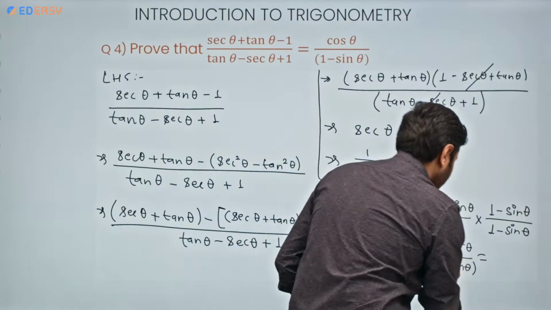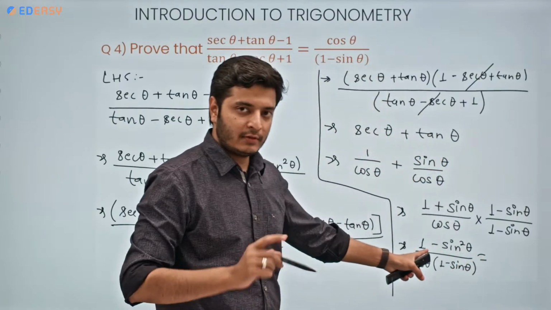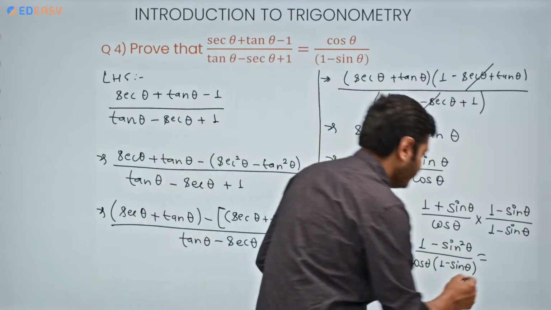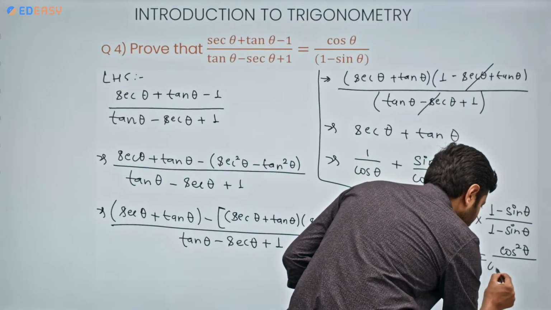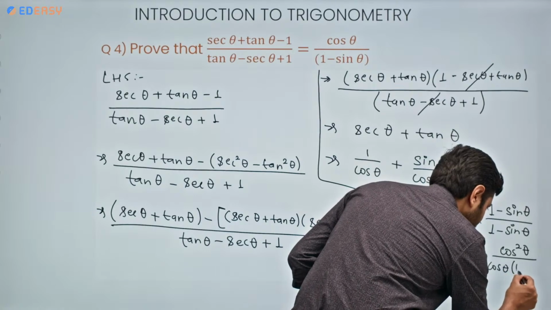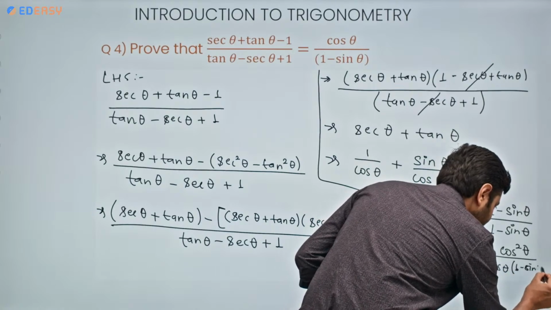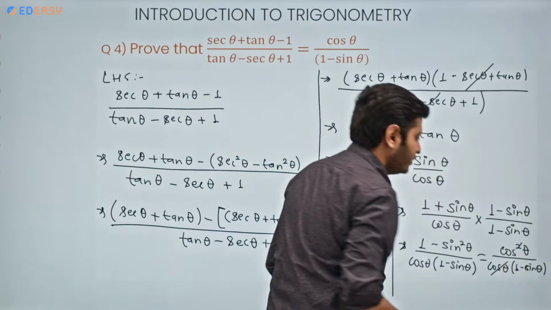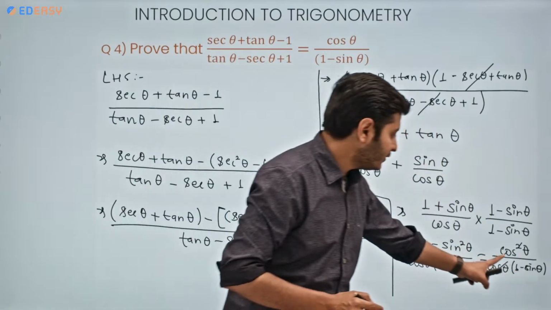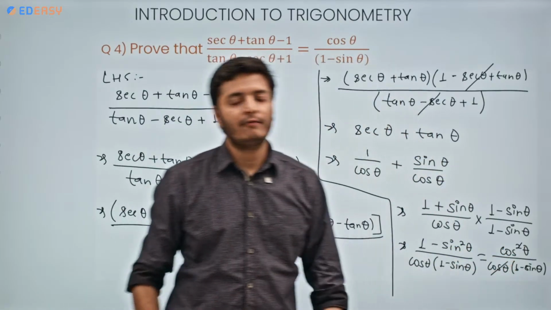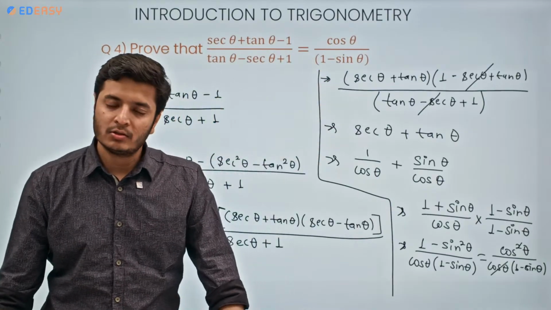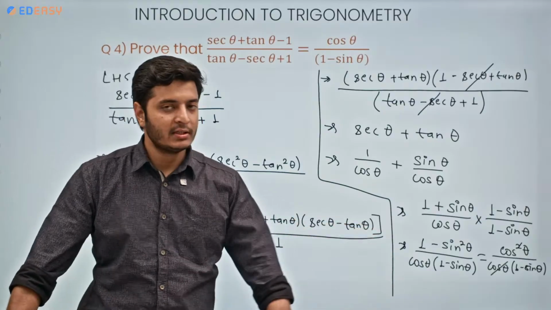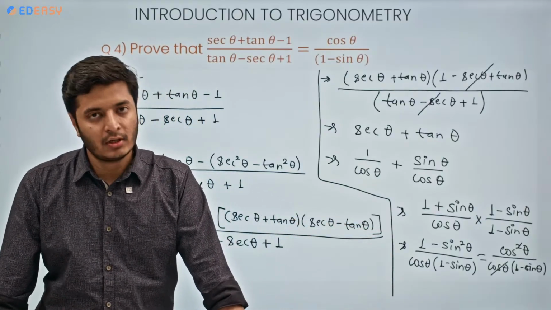Look at this. 1 minus sine square theta is cos square theta, divided by cos theta into 1 minus sine theta. Cos theta and cos square are cancelled. Now what are you left with? Cos theta divided by 1 minus sine theta, same RHS value. So from here we can simply say that LHS is equal to RHS.